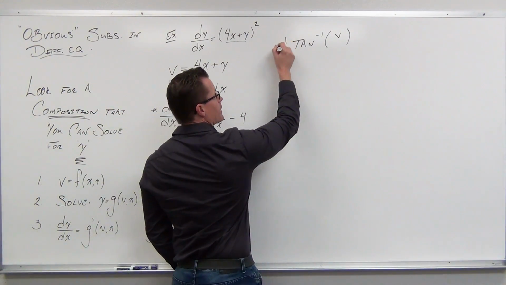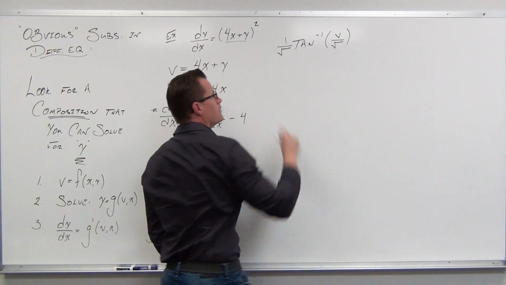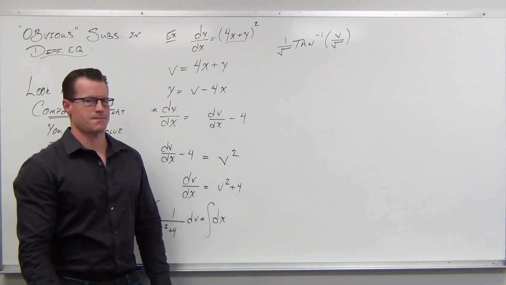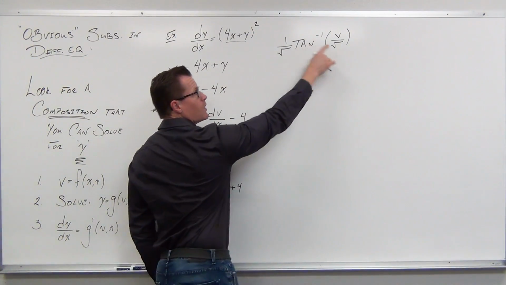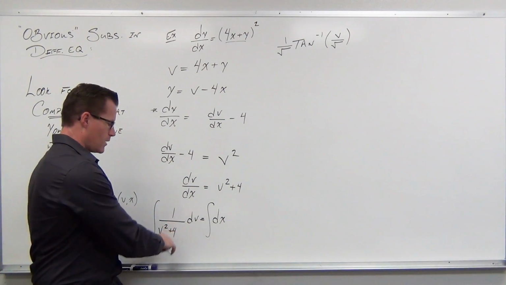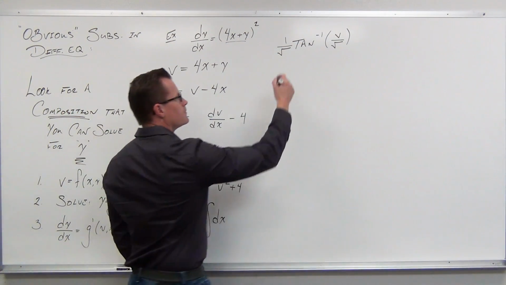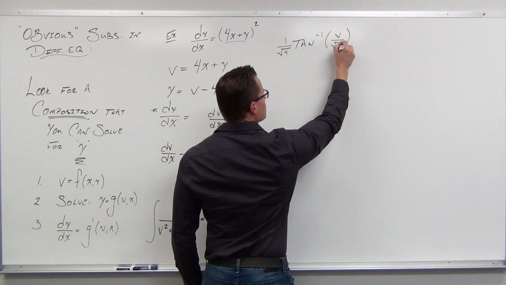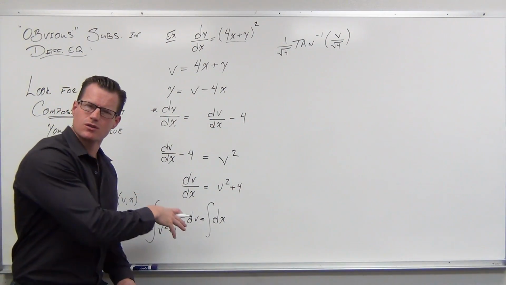This is really a fraction with a square root right there. So you go, all right, tan inverse, if that was 1, that'd be square root of 1, both places. If that was 4, that'd be square root of 4, both places. So on the left-hand side, we do have a tan inverse, and that should look really, really familiar.